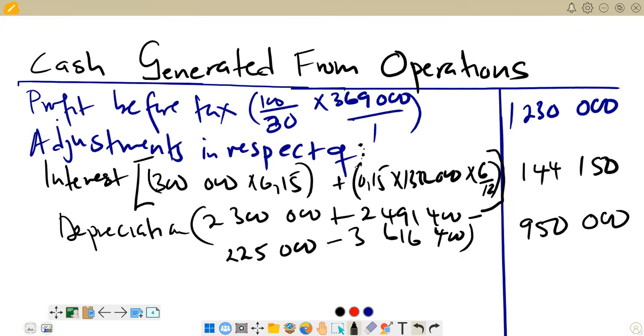So we will add them to this figure of 1,230,000 at the beginning of net profit before tax. Then when we add them, we are going to get operating profit before changes in working capital.